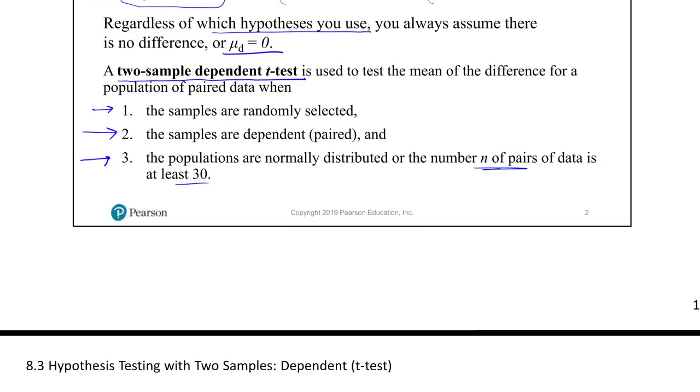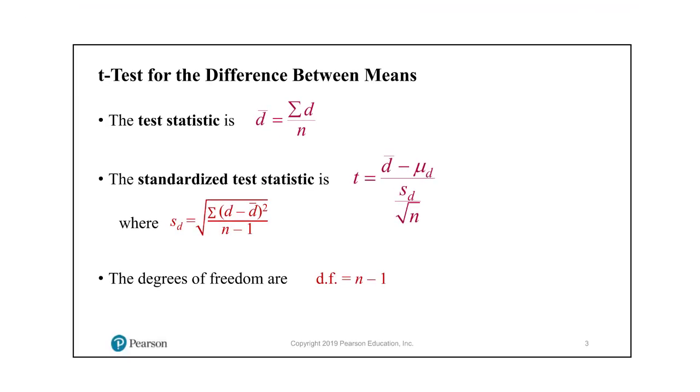Okay, so what else here? Let's take a deeper look at the t-test for this difference between means. Like we said before, the test statistic is going to be this mean difference from the sample differences. And for the standardized test statistic, we're going to be using a t-test.